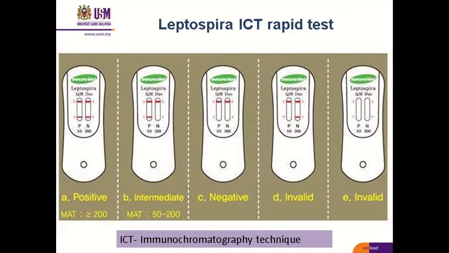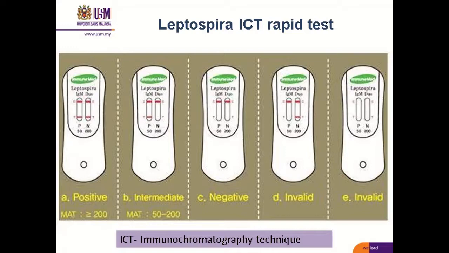In the test kit, the first part at the back is C, which means control. If control is present, then it is valid. But if control is not present, then it's not valid.